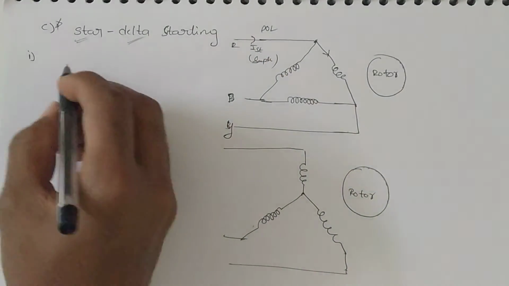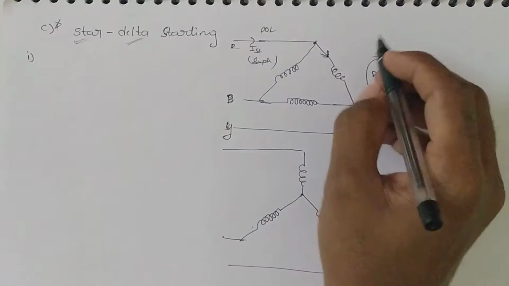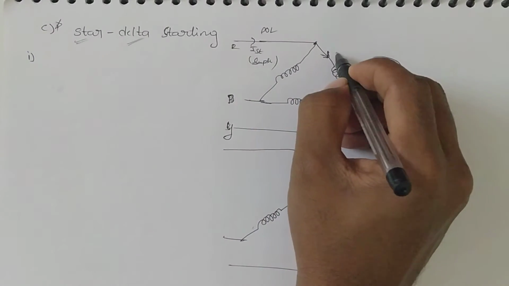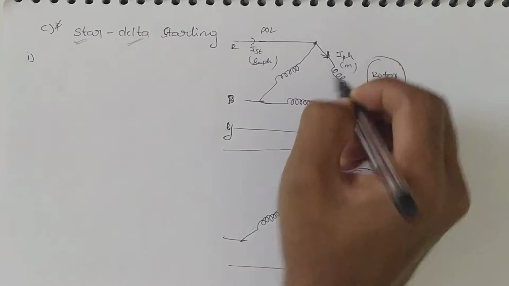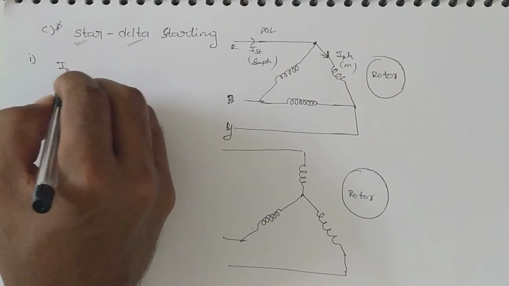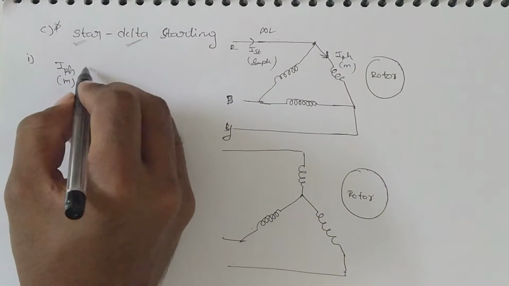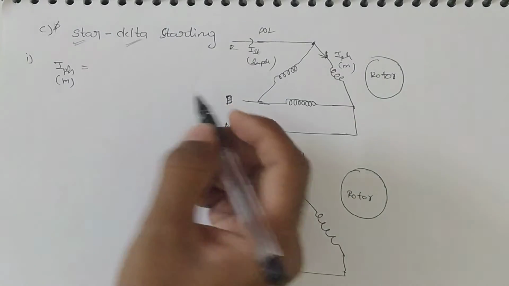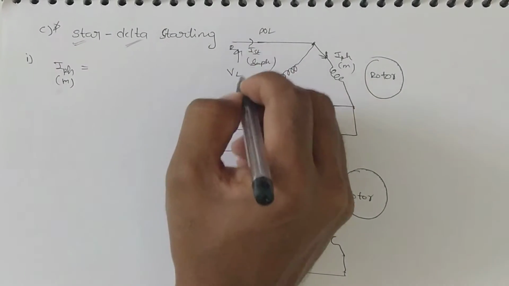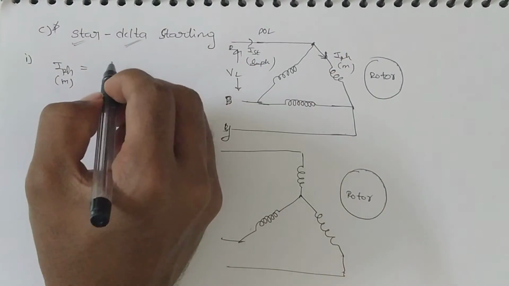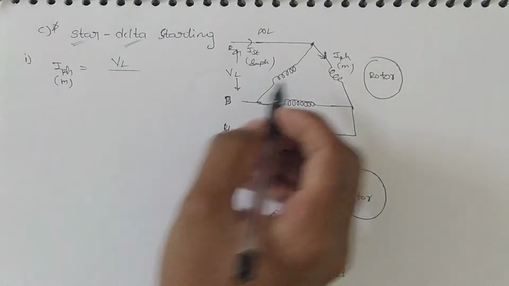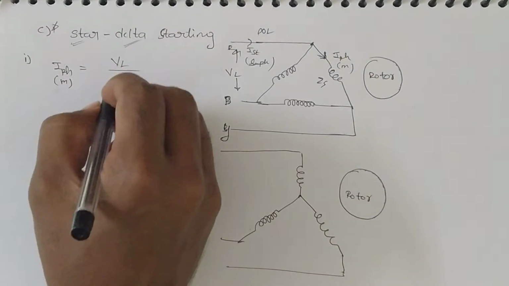First of all, let's find out the current here. This is the phase current, the I phase of the motor. So I phase of the motor is equal to V phase by Z S. Let's take the line voltage as V L, so this voltage is also V L, so it is V L by Z S.